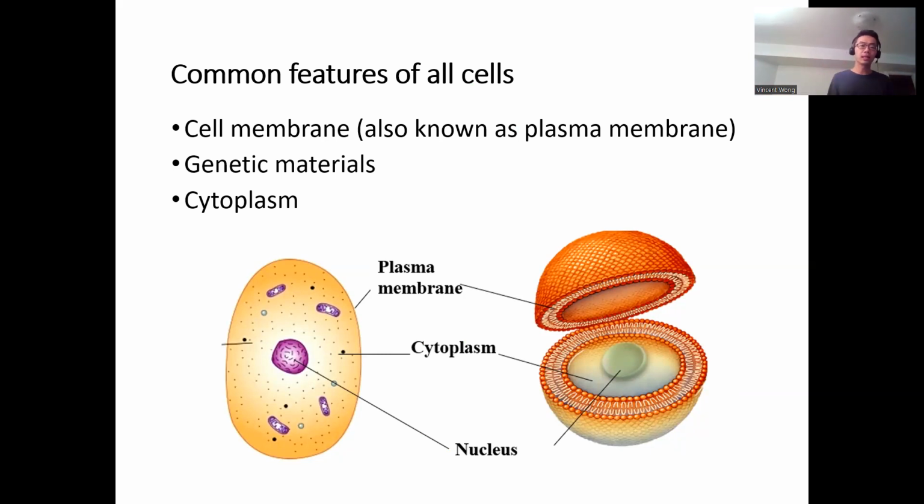As we will see later on, it's important to have a barrier that regulates what goes in and leaves the cell. You can't just let things randomly come in and go out as they please. You will lose valuable nutrients that way, or you might be bringing in harmful things. So by having a cell membrane, you help regulate that. So that's the first common feature.